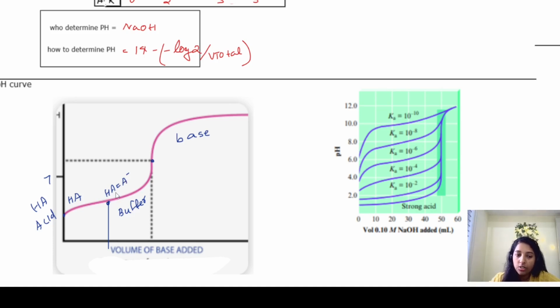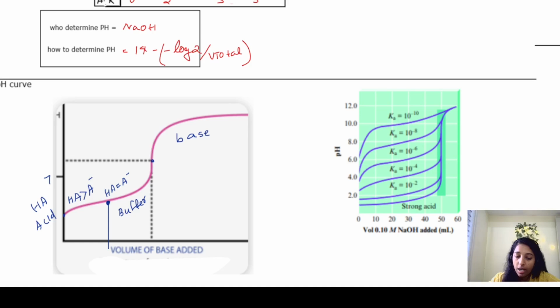When the excess HA is equal to the formed A minus, that is what we call the halfway point. So before the halfway point, HA will be in higher amount than A minus. And the base is completely consumed, base is 0, okay?